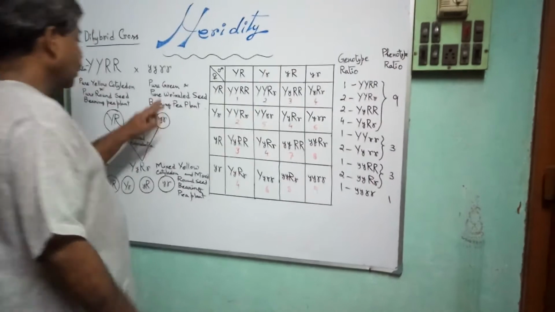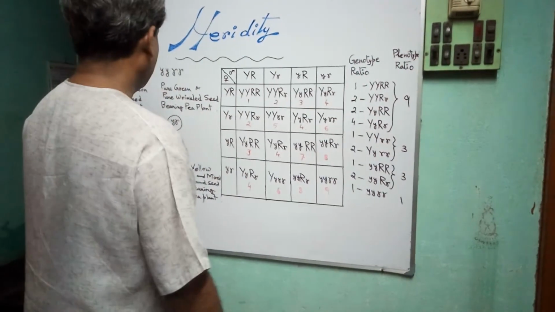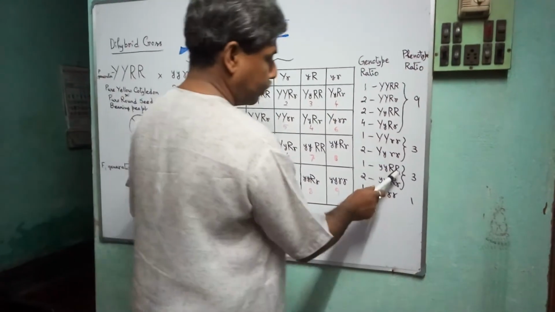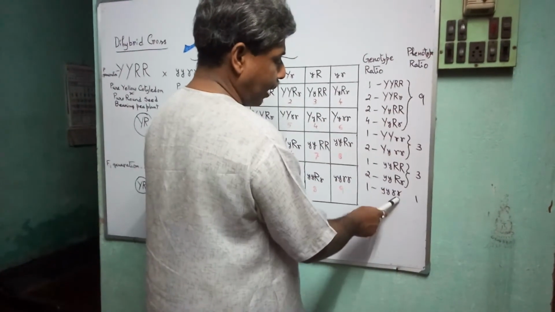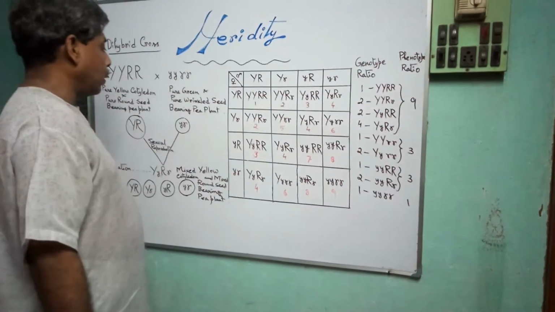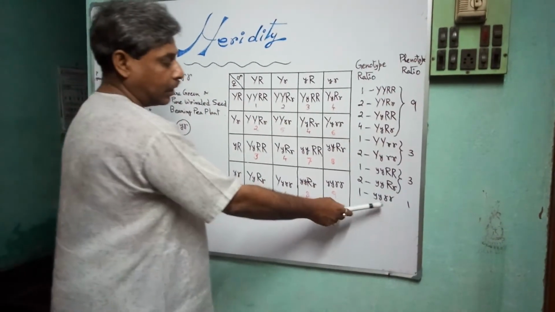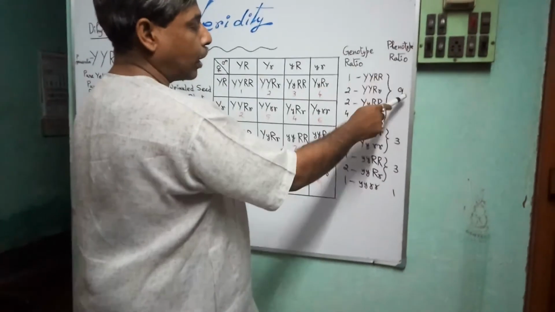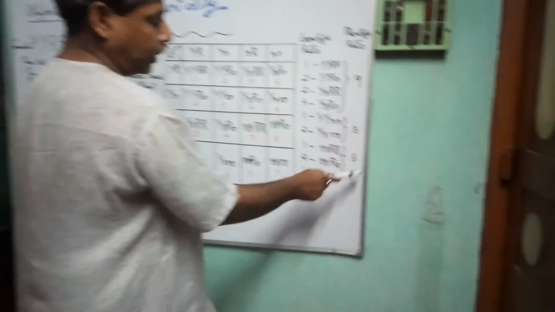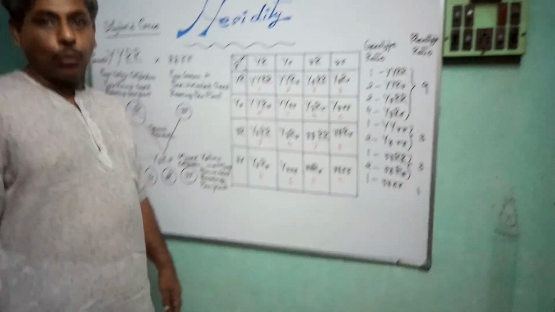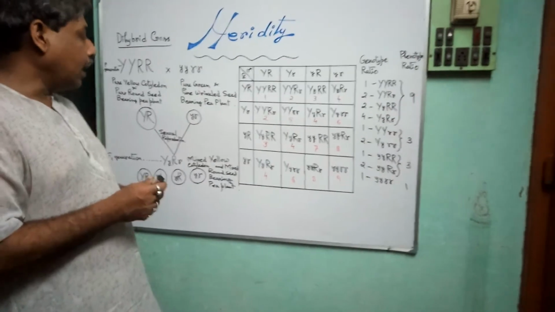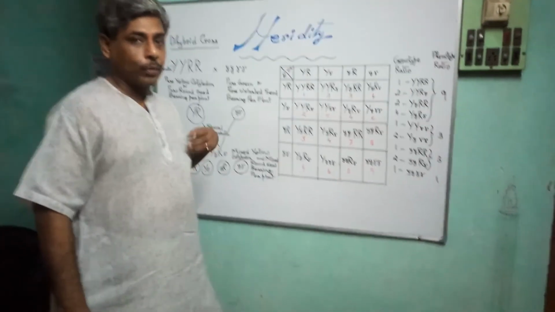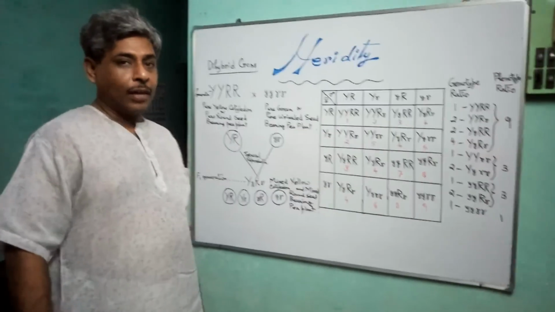That makes the green cotyledon and round seed pea plants, which is 3. And lastly, green cotyledon and wrinkled seed bearing pea plant, that is 1. In this way the phenotypic ratio is 9:3:3:1. So we conclude the dihybrid cross. In the next class we will proceed with other topics.